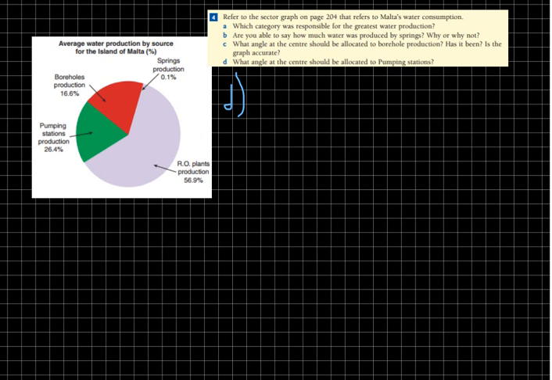That is, if 100% is equal to 360 degrees, how much is going to be 26.4%. That is going to be our unknown.